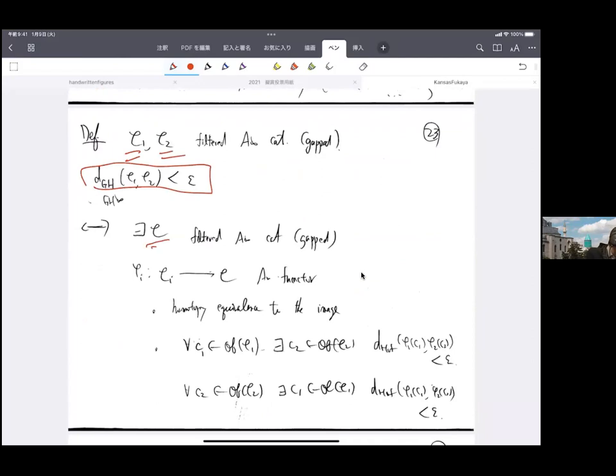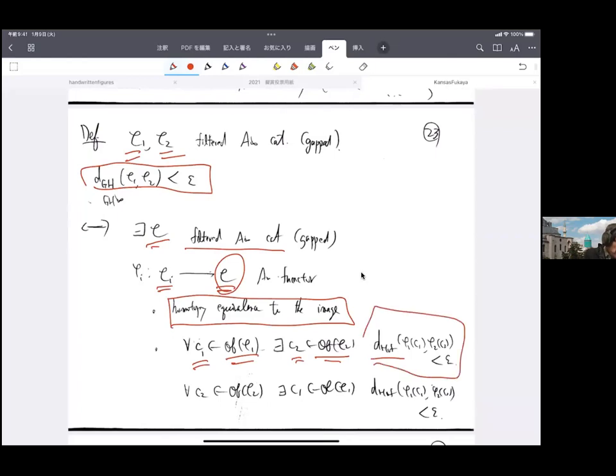Suppose you have another filtered infinity category, so that for C1 and C2 there are infinity functors into it, which are homotopy equivalent to the image. So there is some full homotopy theory of infinity categories. So C1 and C2 are homotopy equivalent to subcategories. Then for any object of C1, there's an object of C2 so that the Hofer distance on this big category is smaller than epsilon, and vice versa.